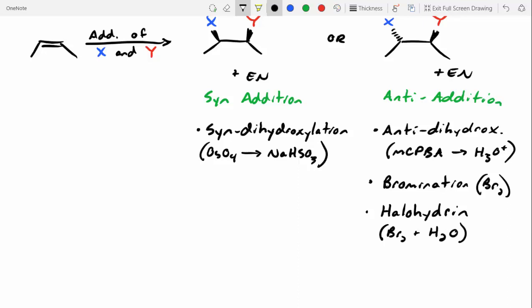All right, let's see which ones we're missing right now. What about hydrogenation, the one we just covered with hydrogen gas? Does that do syn or anti? Syn. So hydrogenation.